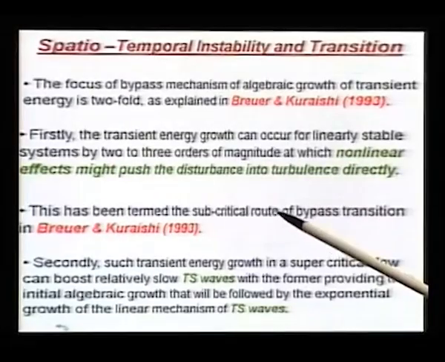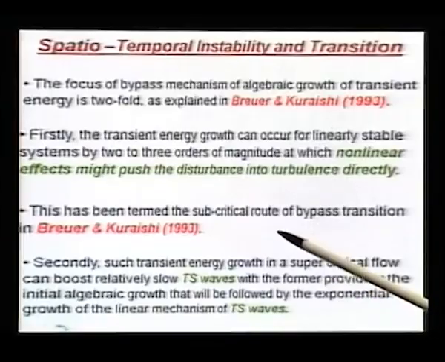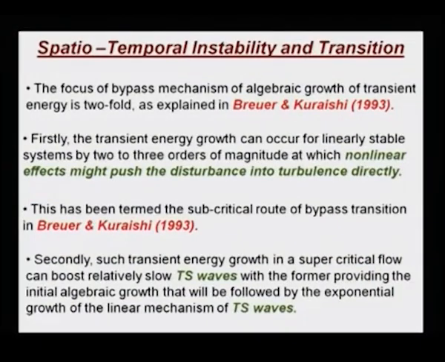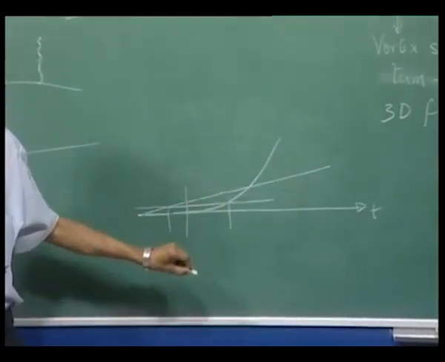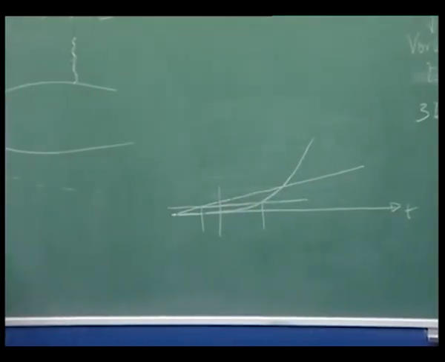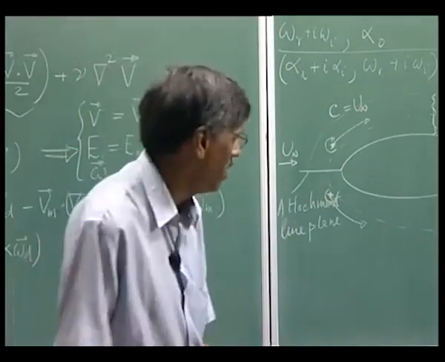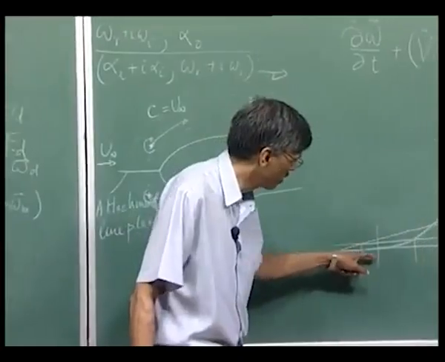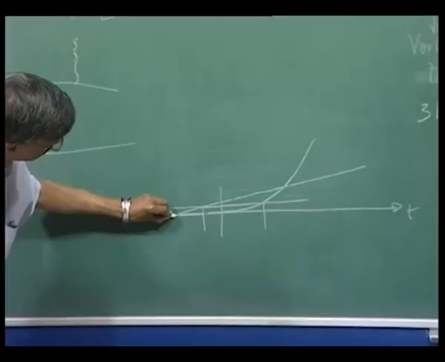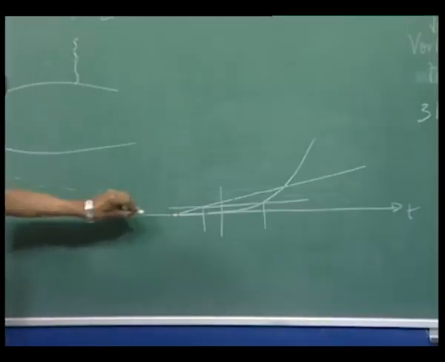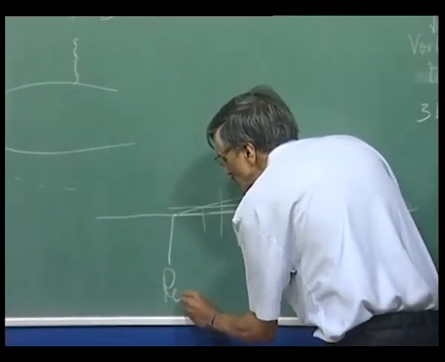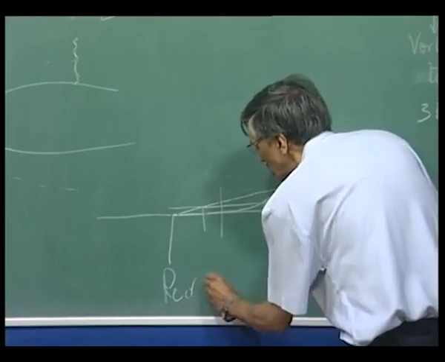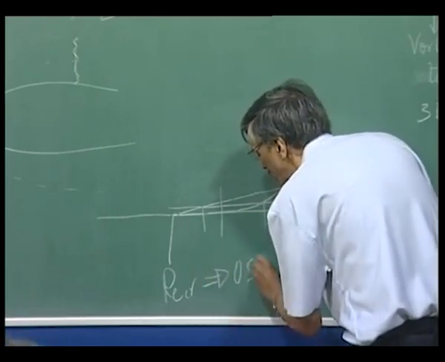And when that does happen, you talk about it as a subcritical route, quite obviously, because we have talked about criticality with respect to the creation of unstable waves per se, but here this is somewhat of a different case, where I could have a flow where this is my Re critical based on OSE. So this corresponds to the Orr-Sommerfeld equation.